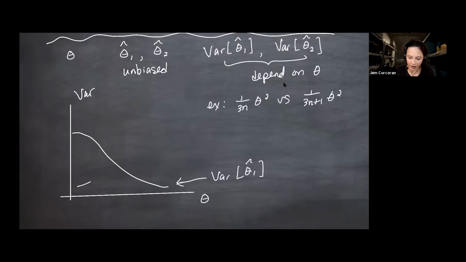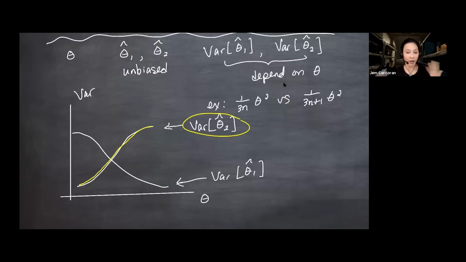And if you have another estimator that looks like this in its variance, so the variance of some theta 2 hat, now I can't say that one estimator is better than the other, because this was really a time to use color.